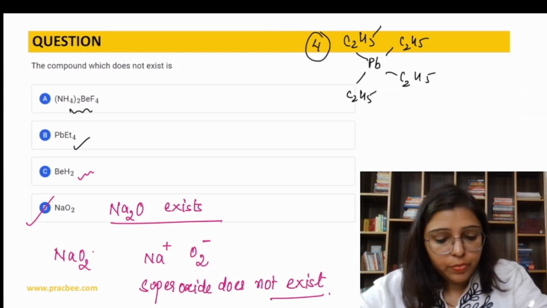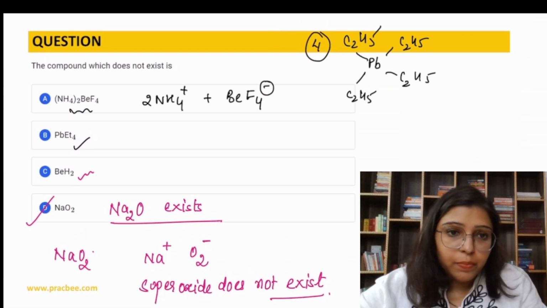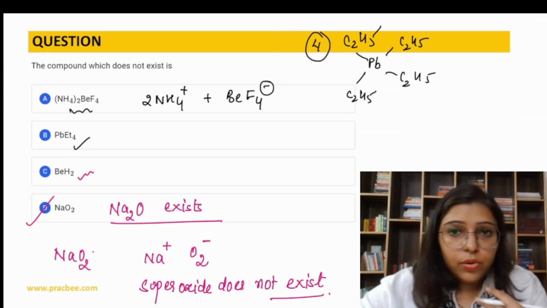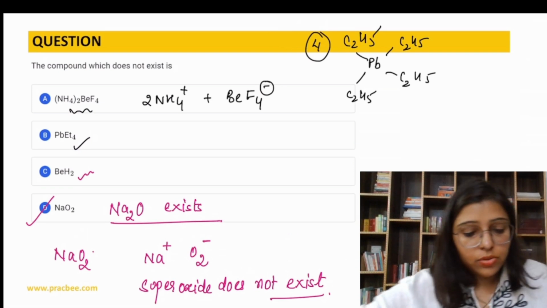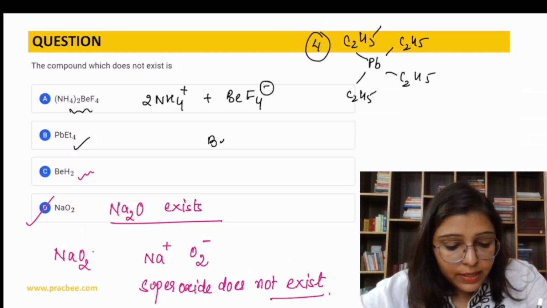(NH4)2BeF4. So this is what? 2NH4 positive and we have BeF4 2 minus. Okay? So now can it exist? See, beryllium is 2s2, but 2p is empty.